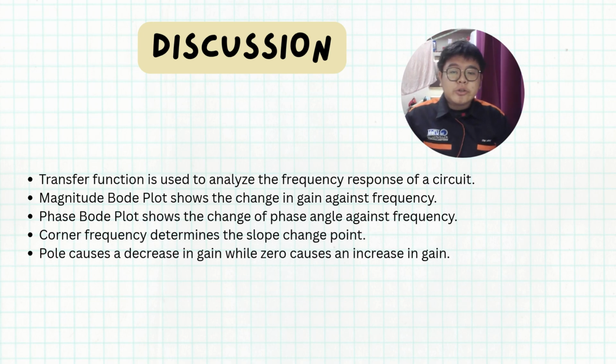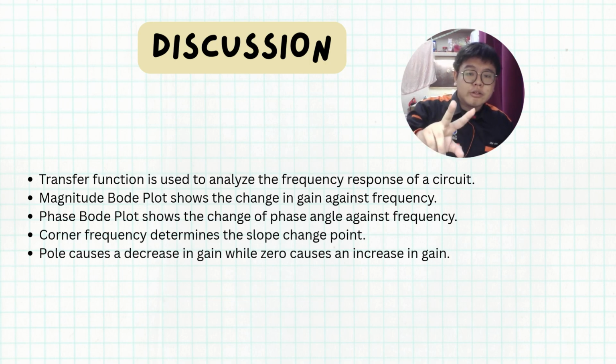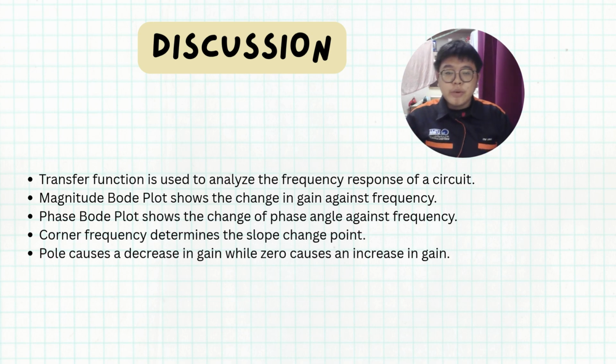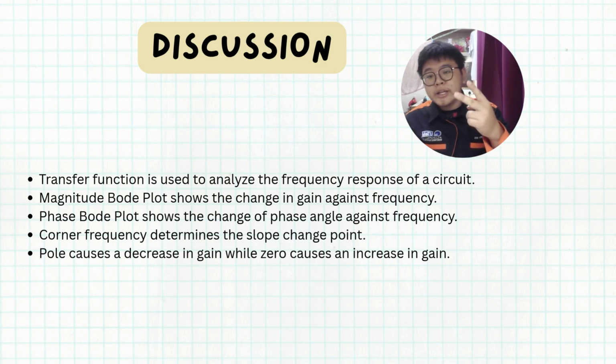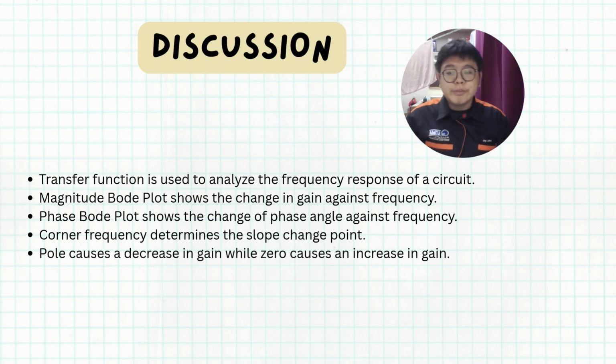First, the transfer function is used to analyze the frequency response of a circuit, where there are two Bode plots. The first is the magnitude Bode plot, which shows the change in gain against frequency. The second is the phase Bode plot, which shows the change between phase angle and frequency.